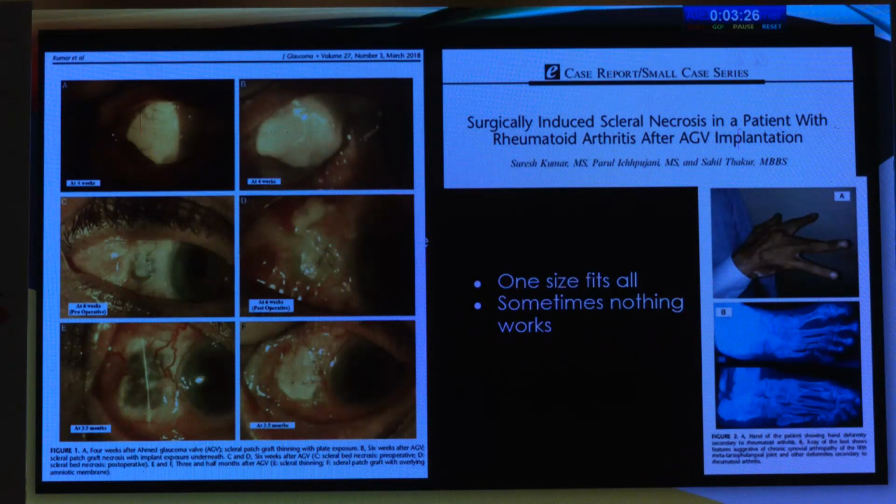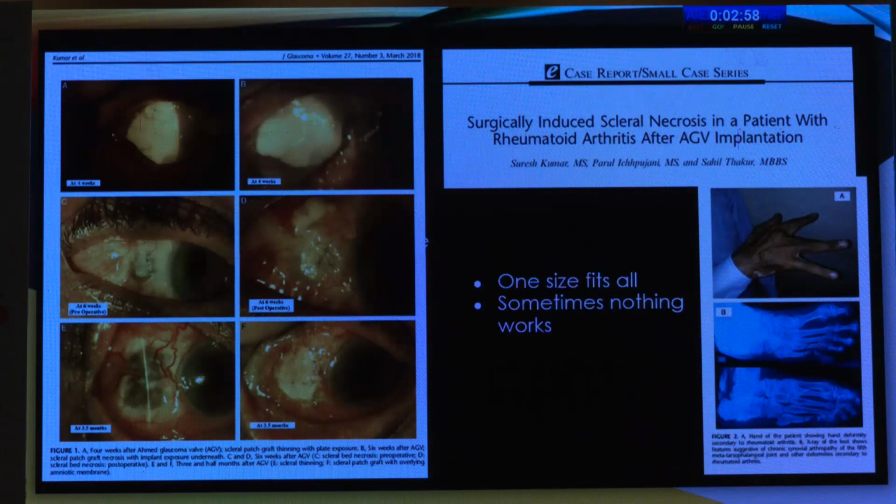However, hypotony can have a sinister underlying cause, like our patient who had surgically induced scleral necrosis. He had rheumatoid arthritis, and after implantation of AGV, he developed scleral necrosis. This has been published in the Journal of Glaucoma. After 2 or 3 weeks, the patient started showing an area of scleral necrosis where the implant had been put, and there was hypotony also.